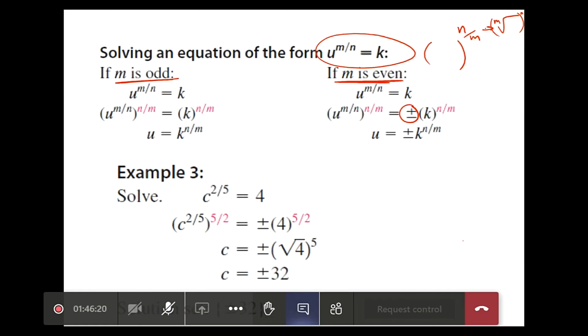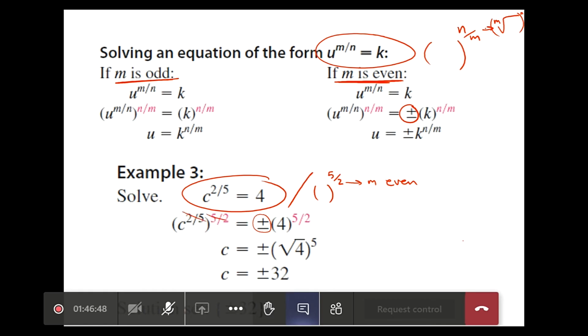Now, for example, we have this one. We must take for both sides 5 over 2. The opposite. Here it is 2 over 5, so we take 5 over 2. But here the m is even (زوجي). So we must put positive negative.